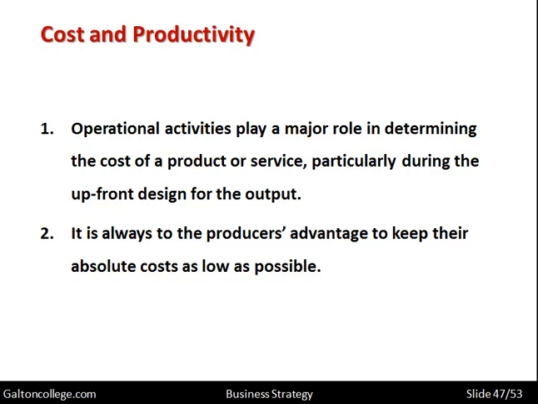But that's done by monitoring individual costs, by monitoring production costs, inventory costs, store management, marketing costs, office and backup support, HR costs, and so on and so on. So each individual component must be monitored and controlled so as to keep an eye on the overall costs of the business.